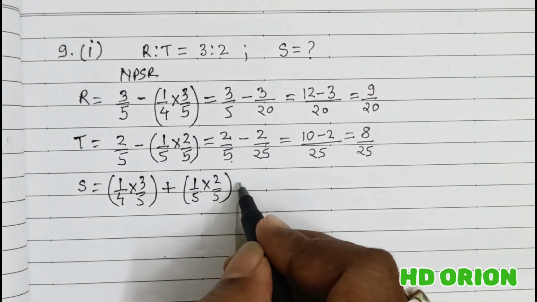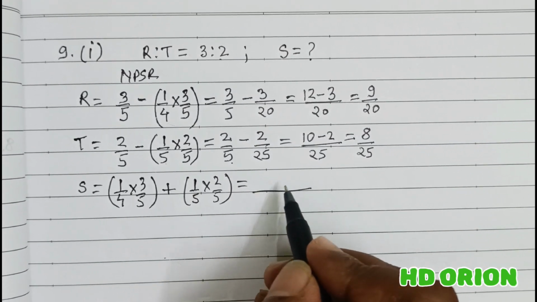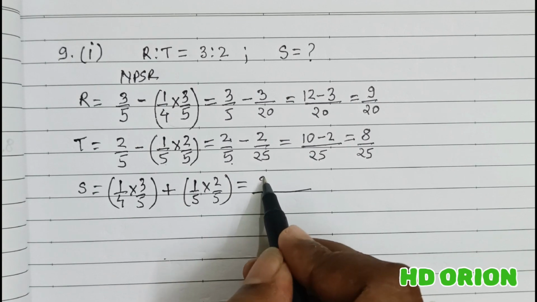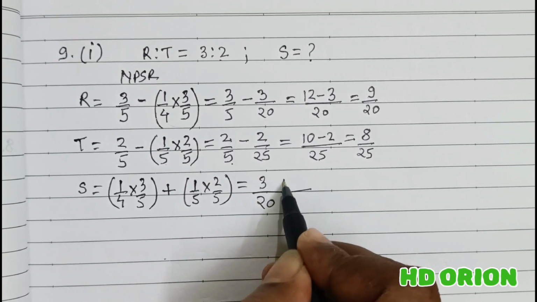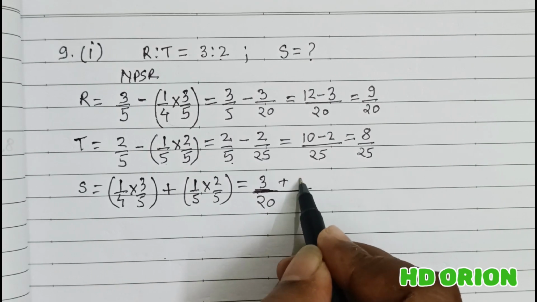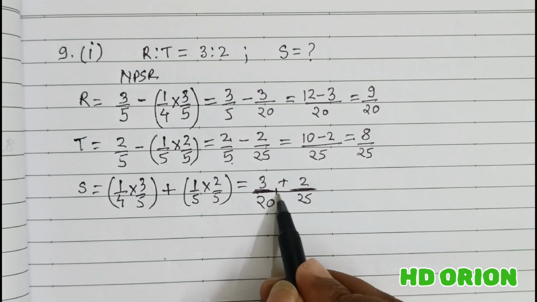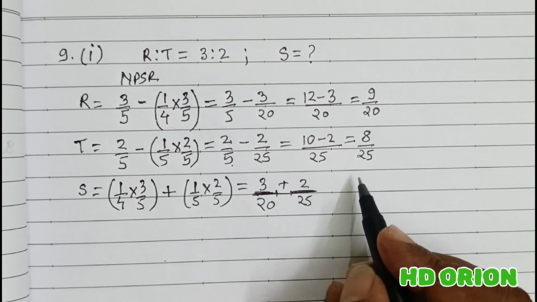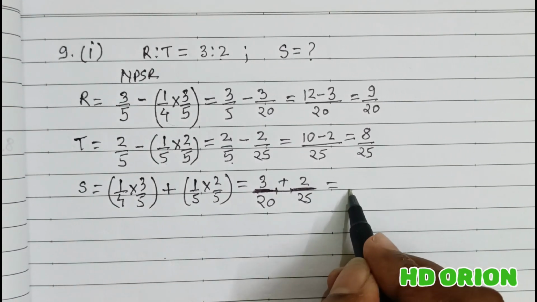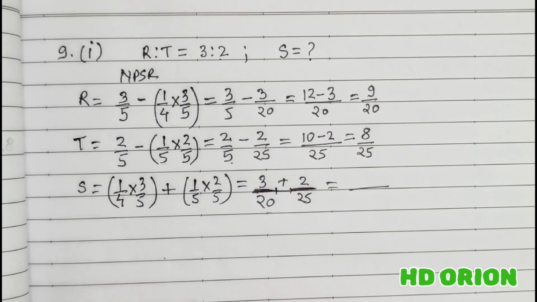Okay. Now here, for S it is 3/20 plus 2/25. Fine. So now when you take the LCM of 20 and 25, it is 100.